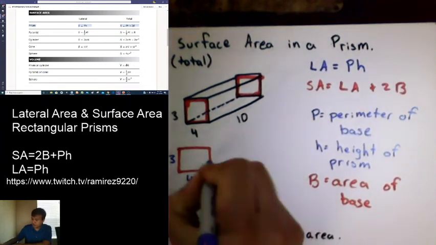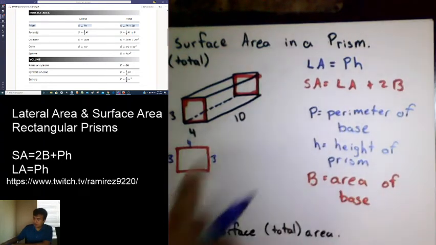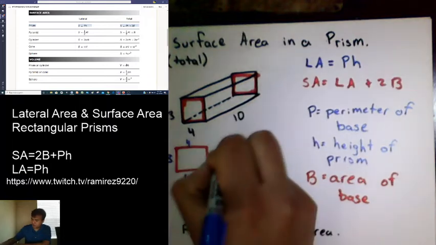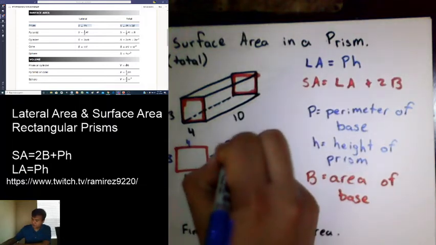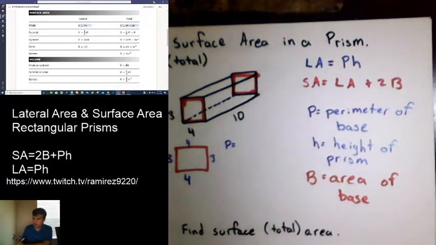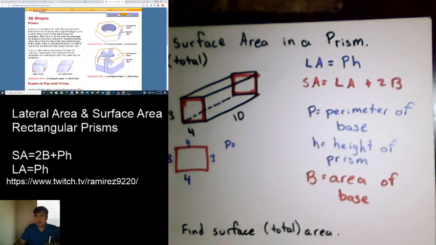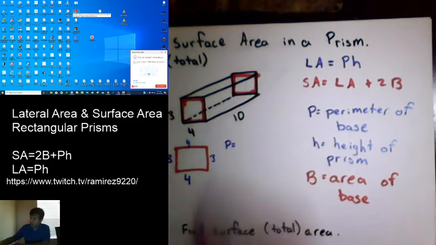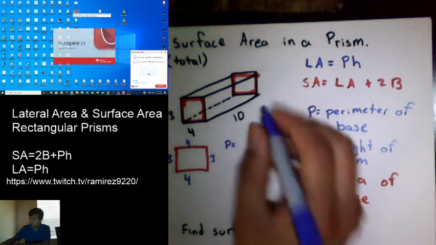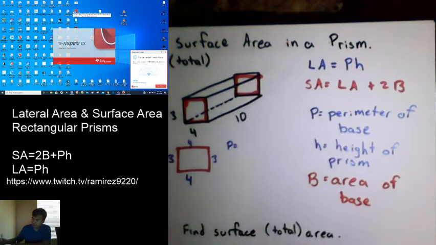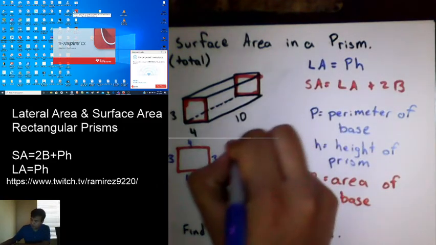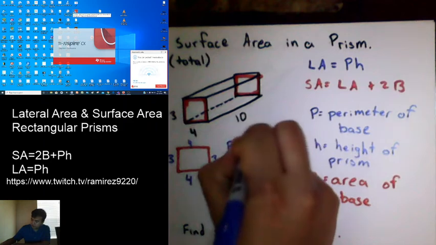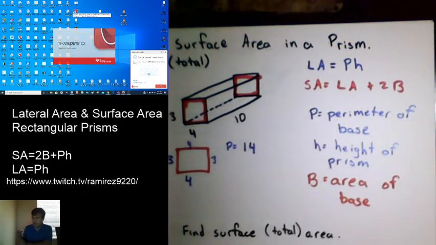The perimeter of my base is 3 plus 3 and 4 plus 4. So that gives me 6 plus 8, which is 14.